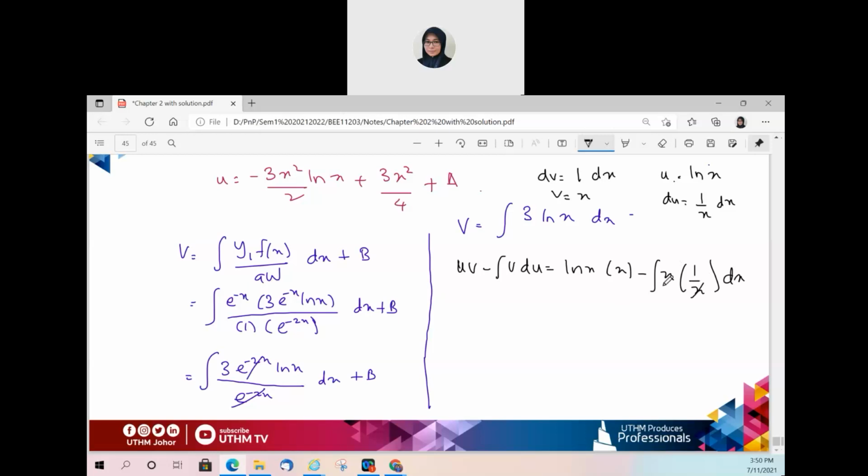So this one will be x ln x minus the integral of dx, which equals x ln x minus x. So the integration of ln x dx gives x ln x minus x.